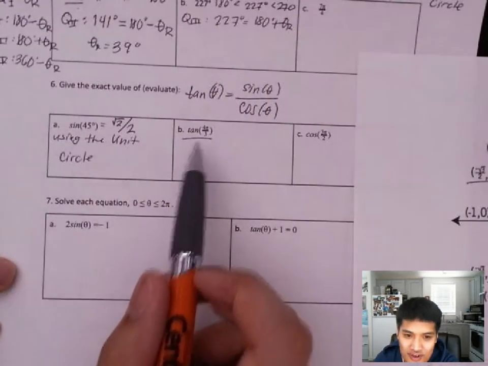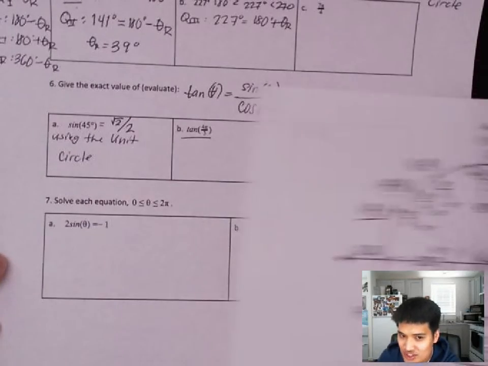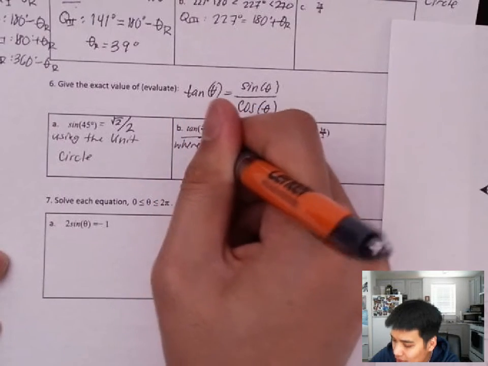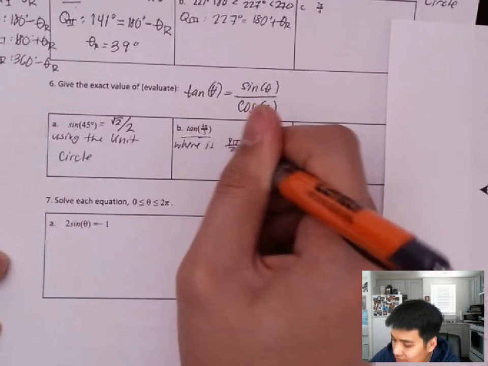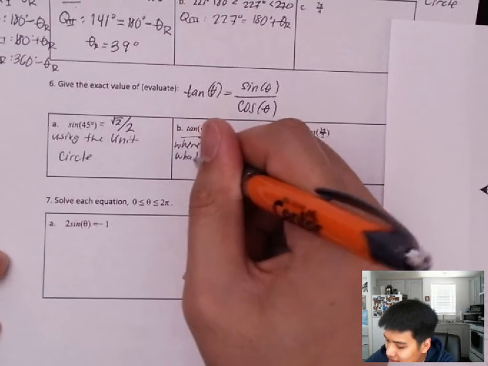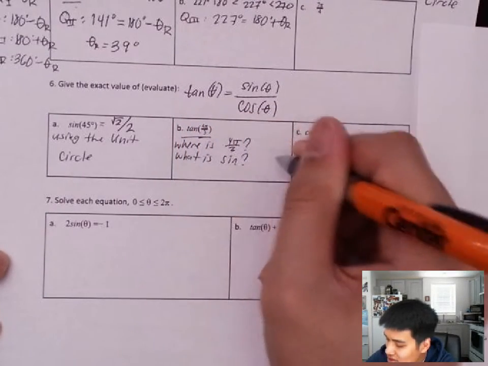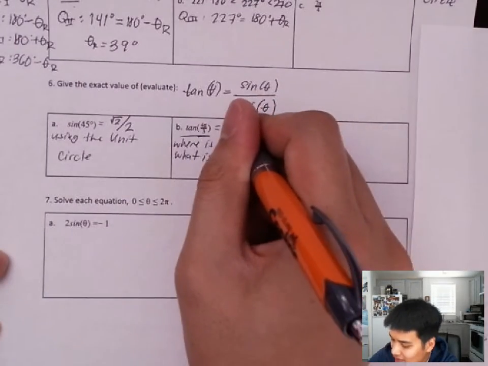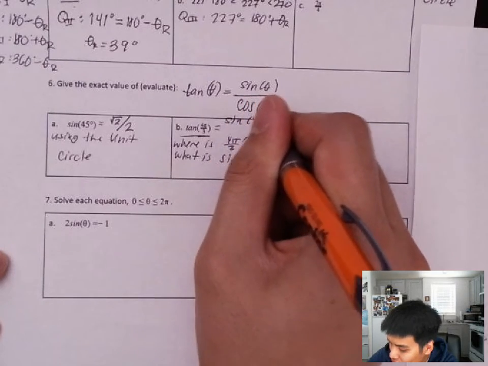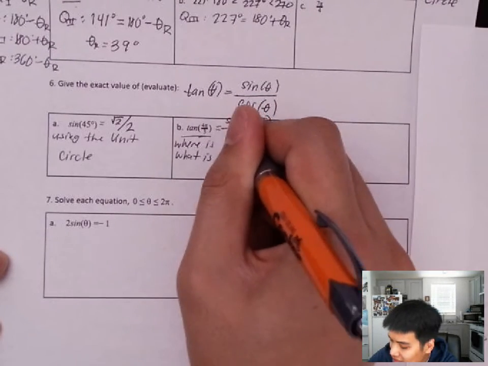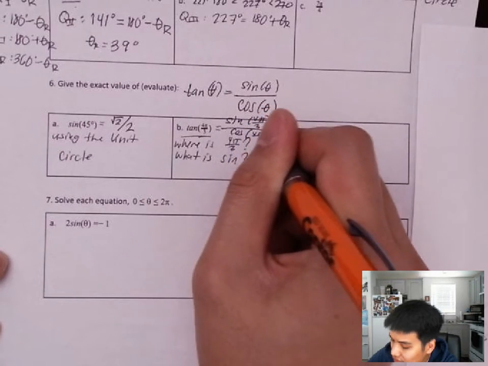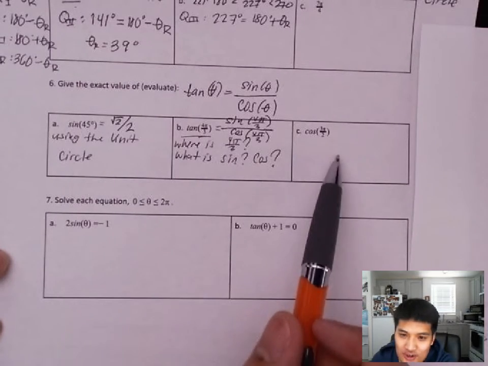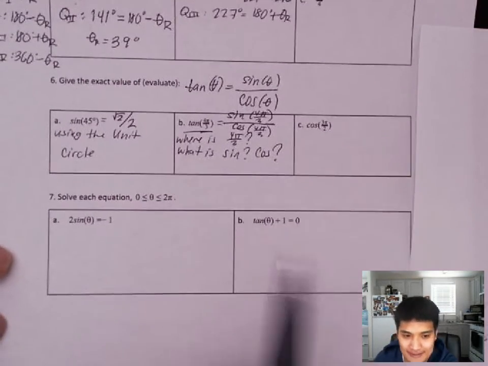So essentially to figure this value out, first determine where is 4 pi over 3, what is sine, what is cosine, and just do the calculations. We would have to do sine of 4 pi over 3 divided by cosine of 4 pi over 3, and then simplify that further. And of course, cosine essentially is just the x coordinate.